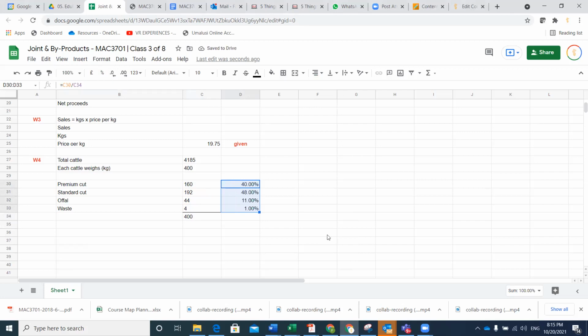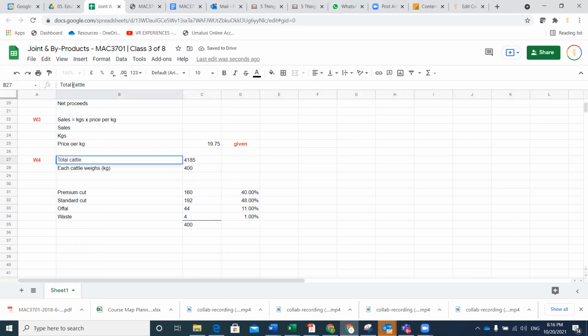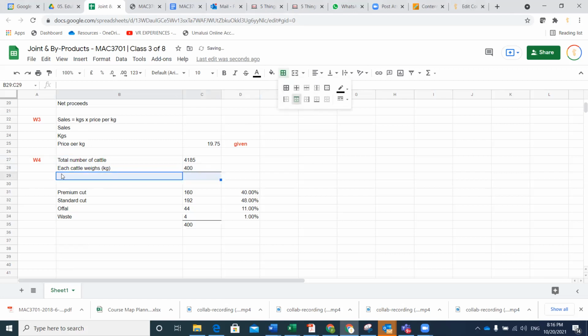So now we can work out total kgs. So there's 4185 cattle. Each cattle is 400 kgs. So that's the total number of kgs.